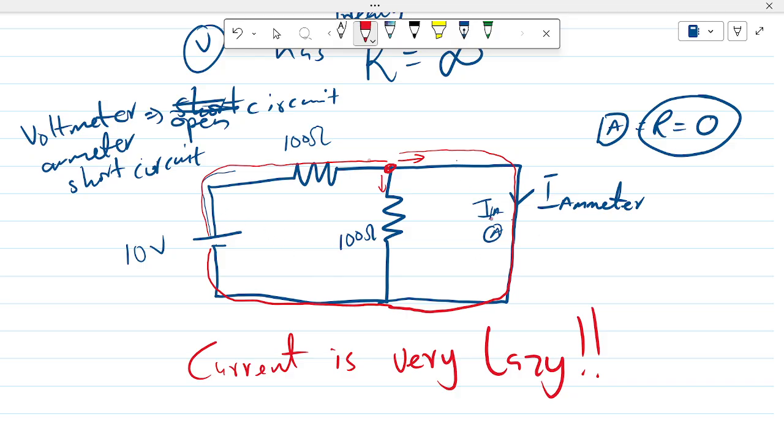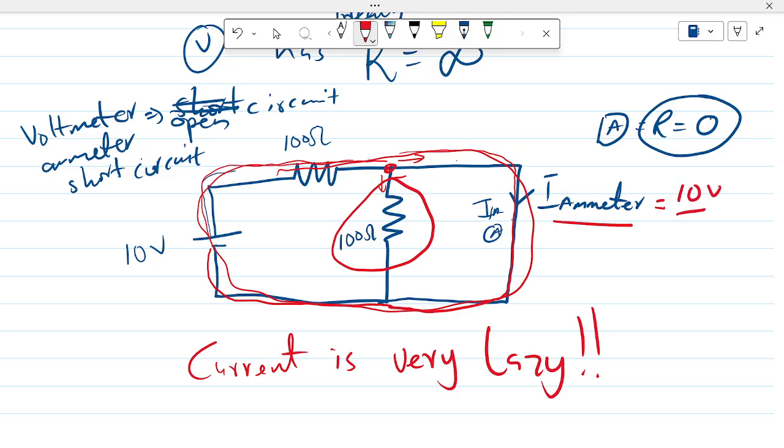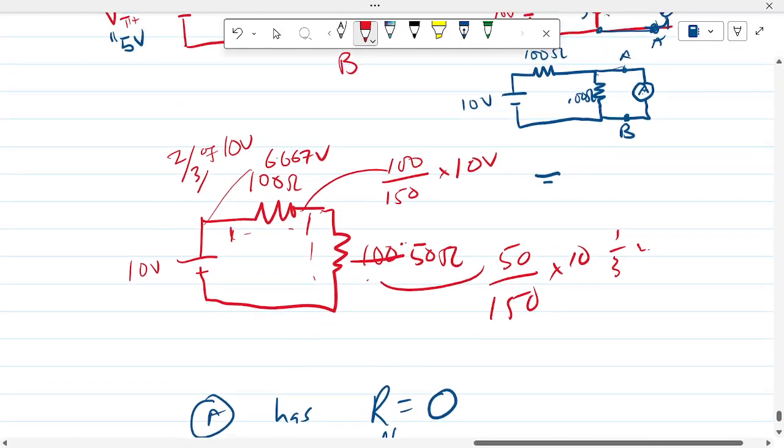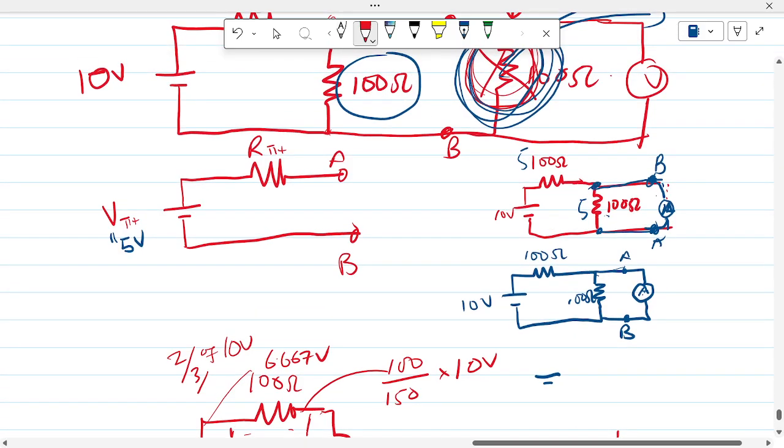Since everything is going through, this guy has been short circuited out, so the ammeter current is going to be 10 volts over 100, which is 0.1 amperes. So now we have our Thevenin voltage, 5 volts, and our current is 0.1 amperes.